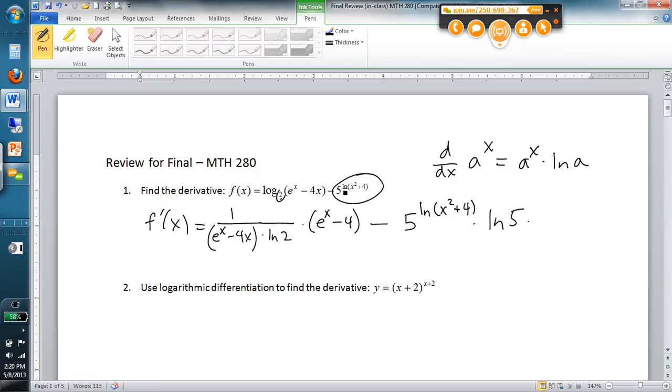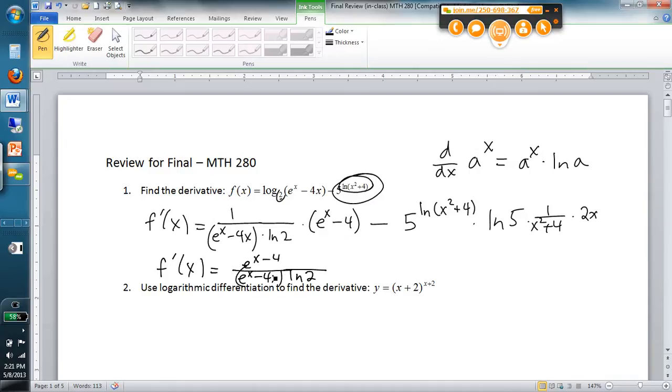Well, the derivative of the inside, the power, well, I've got ln, so the derivative of it would be 1 over x squared plus 4. What else? Derivative of the inside, which is 2x. Okay. I guess we could clean it up. We could combine things. Think that looks good? What?